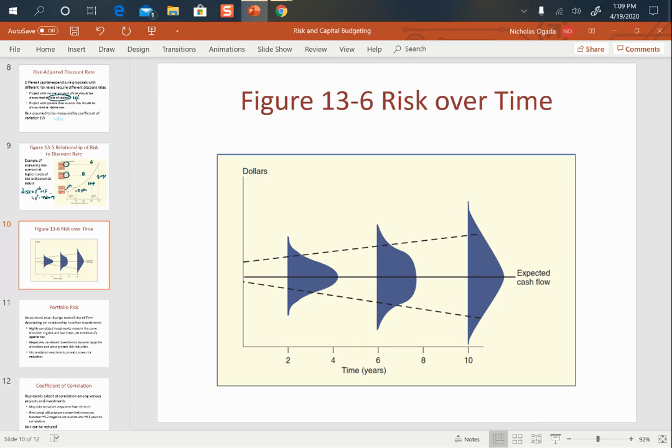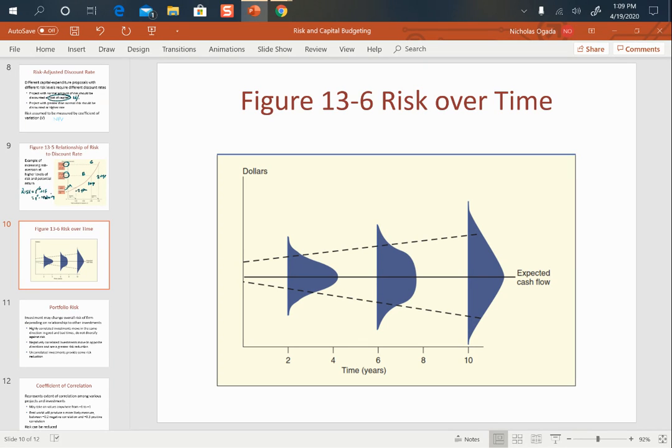But in the long term, 6 years or 10 years or 20 years or 30 years, it's hard for you to tell exactly what is going to happen in 20 years from today. So even though you have a project that you forecast to give returns every year for 20 years, the level of risk in that particular investment is so high because nobody can tell accurately what's going to happen in 20 years or in 50 years.